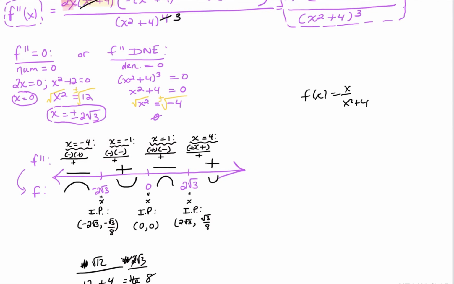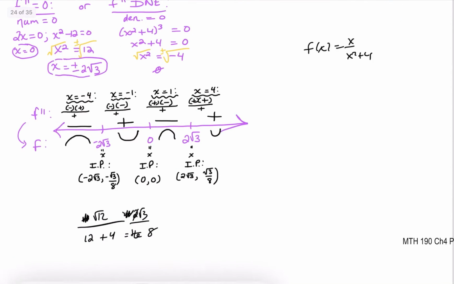And again, I'd say, especially for graphing purposes, you're probably going to want to think about those as their decimal approximations, right? So if we subbed those into our calculator, which I have here real quick, my square root of 12 is about 3.64. So this would be like negative 3.64 approximately.